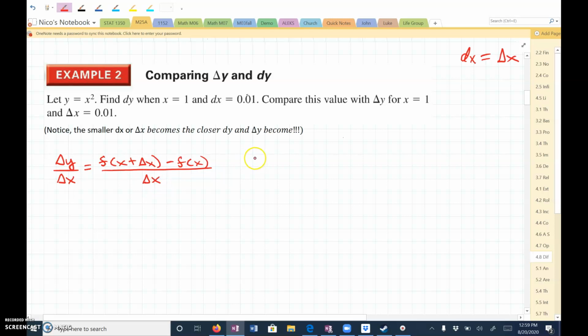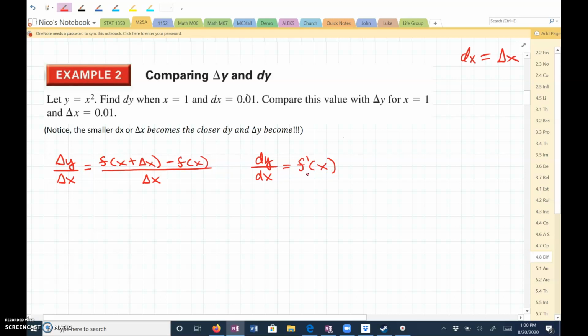Okay? Where dy has to do with the slope of the tangent line.